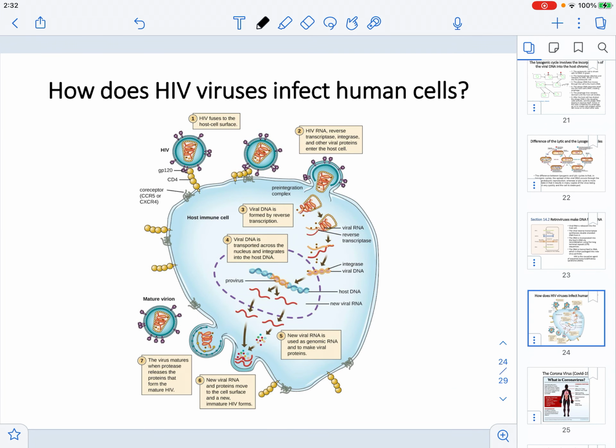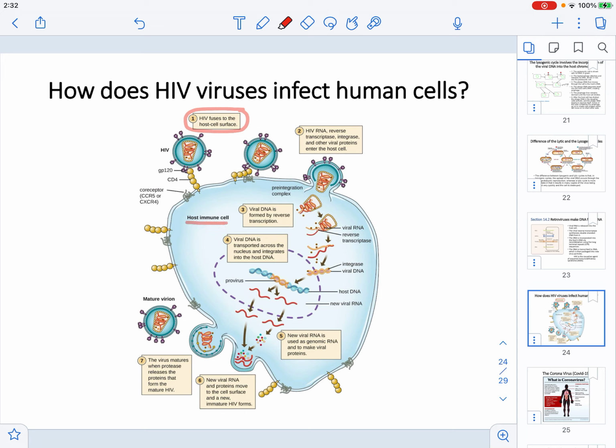Next, we are going to see how HIV actually infects human cells, and as you can see, it is illustrated in the following steps. On step number 1, and I'm just going to highlight as I go, HIV is going to fuse to the host cell surface. Remember that this happens in the immune system, so it's actually T cells that get affected by these viruses.